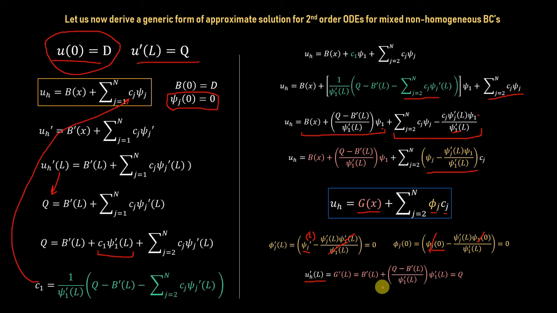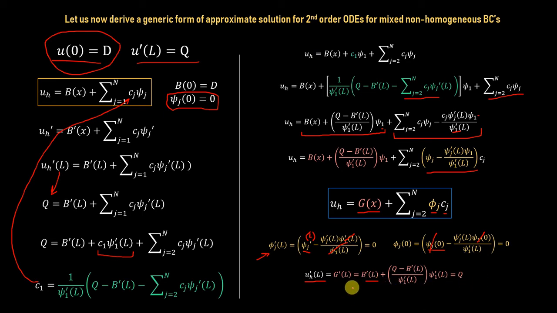Now UH dash L should be equal to Q. Is it? For x going to L, the expression UH dash L will only consist of the g dash x term, because psi j dash are all 0 at x equals L. So we can write g dash L as b dash L plus this thing.